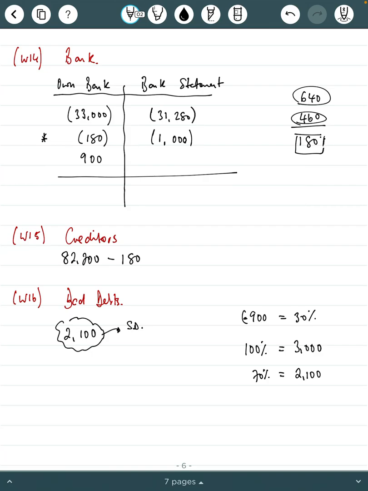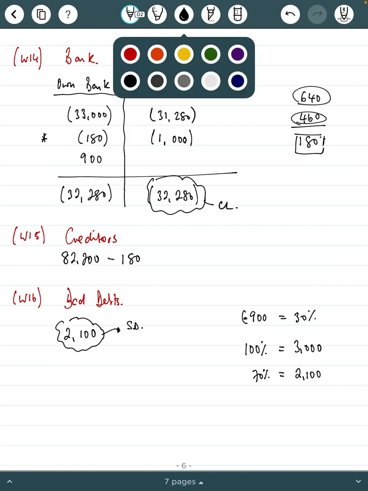So you have minus 33,000 minus 180 plus 900, which gives us 32,280 of an overdraft, and minus 31,280 minus 1,000 gives us 32,280. So correct, they balance out. This is an overdraft from the bank, so it's a current liability. And that's all of VI taken care of.